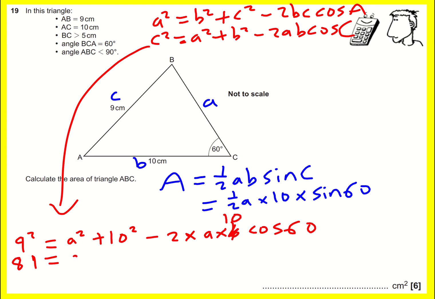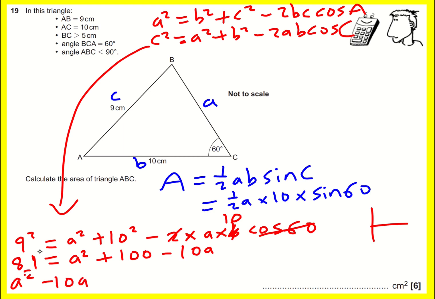That means that 81 is equal to a squared plus 100 minus, now cos 60, if you put that into your calculator, is actually equal to a half. So that is going to cancel out with that. You can put that in your calculator to see, and we're going to get 10a coming out. And then you get the a squared minus 10a.